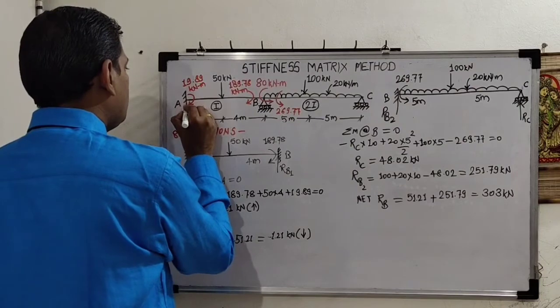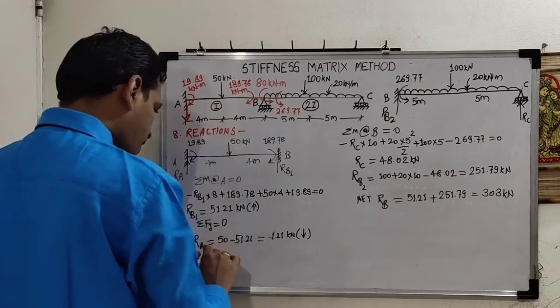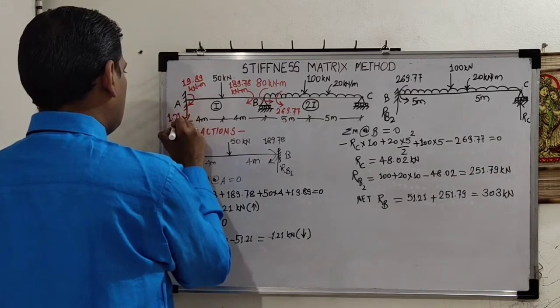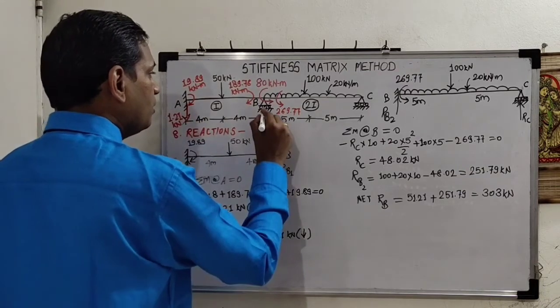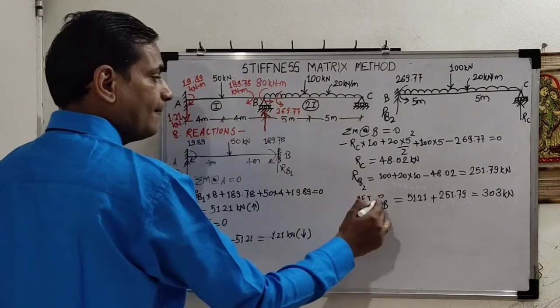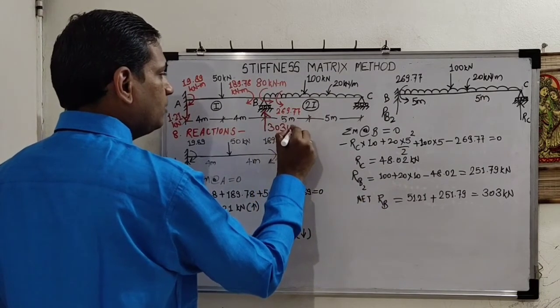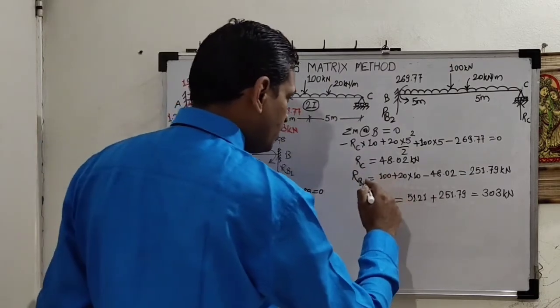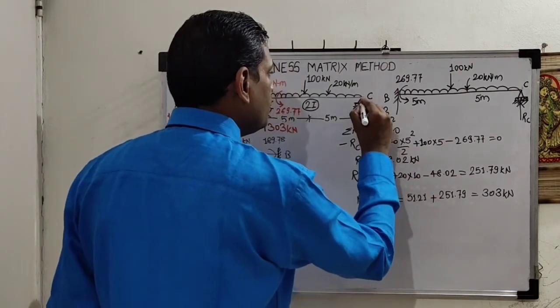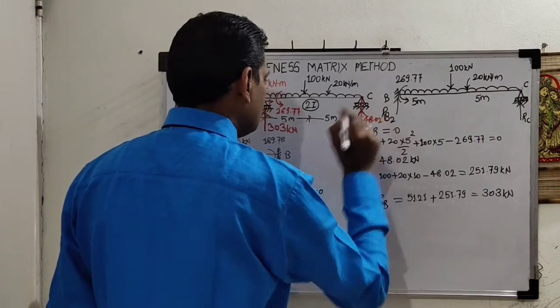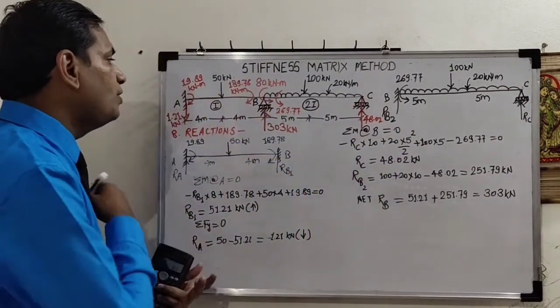So RA downward, how much is that value? 1.21. Then RB upward 303. RC upward 48.02. Now we will draw shear force diagram.